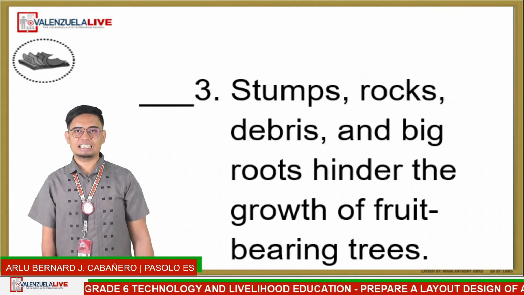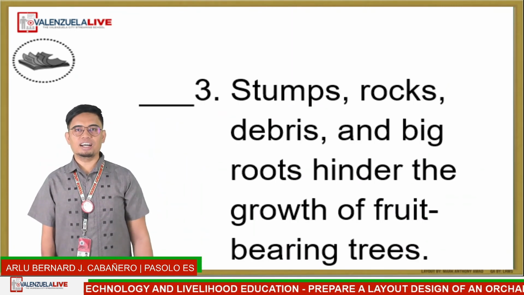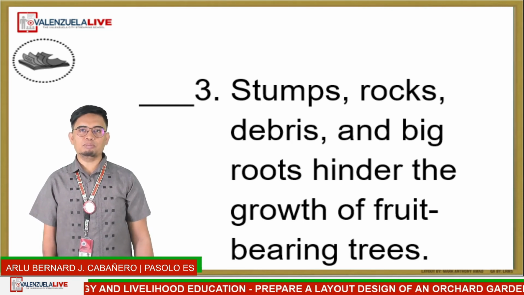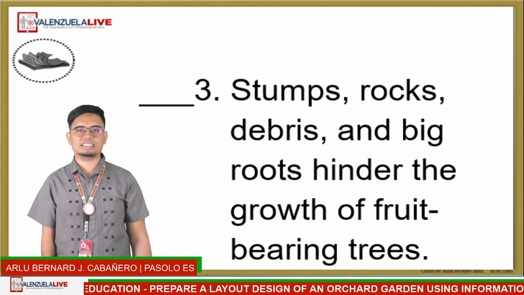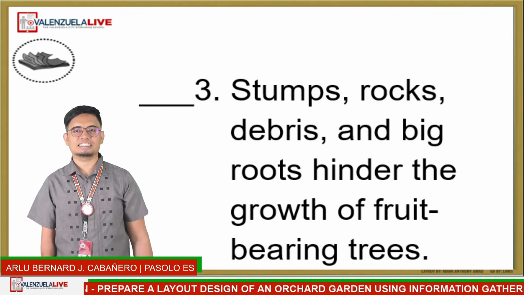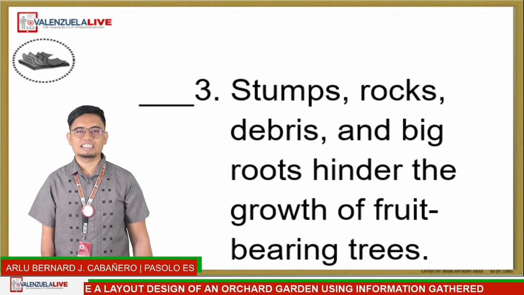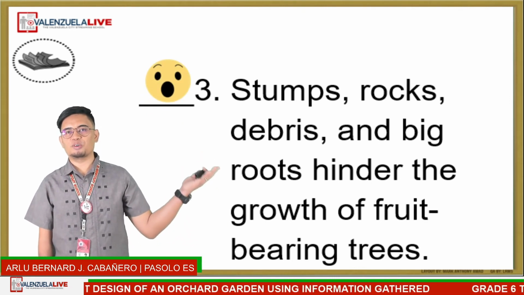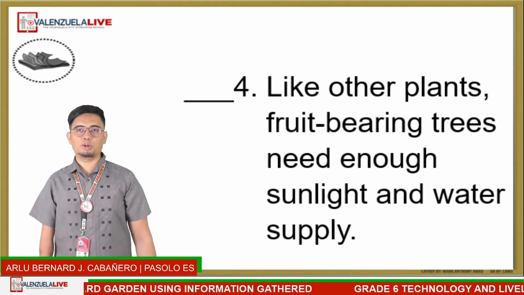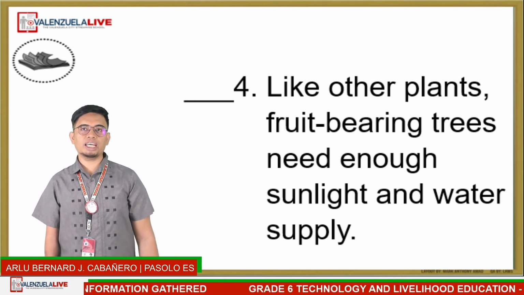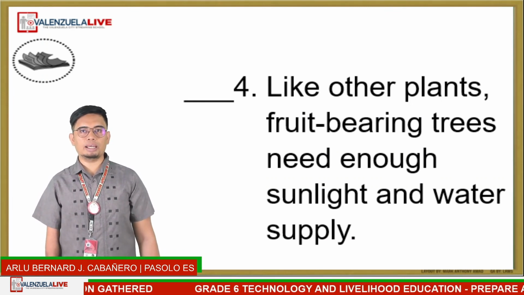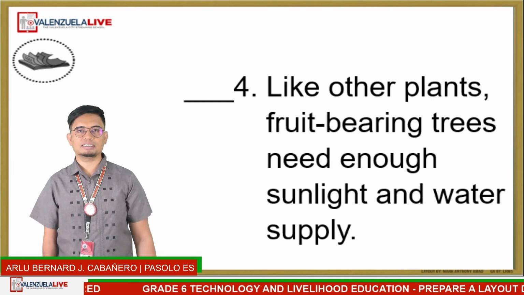Number 3, stumps, rocks, debris, and big roots hinder the growth of fruit-bearing trees. The correct answer is wow. Number 4, like other plants, fruit-bearing trees need enough sunlight and water supply.